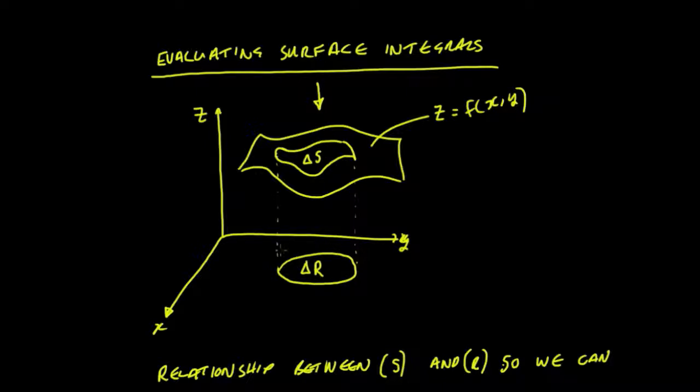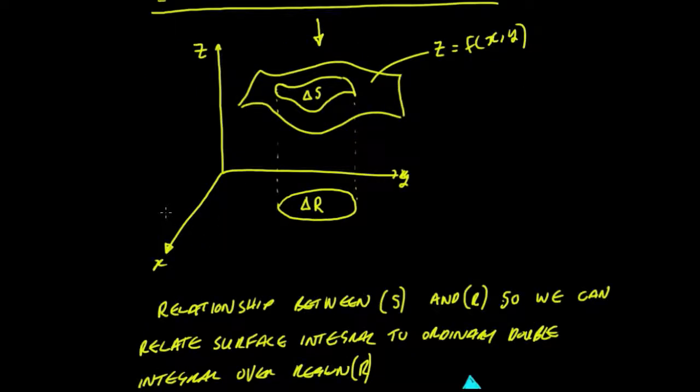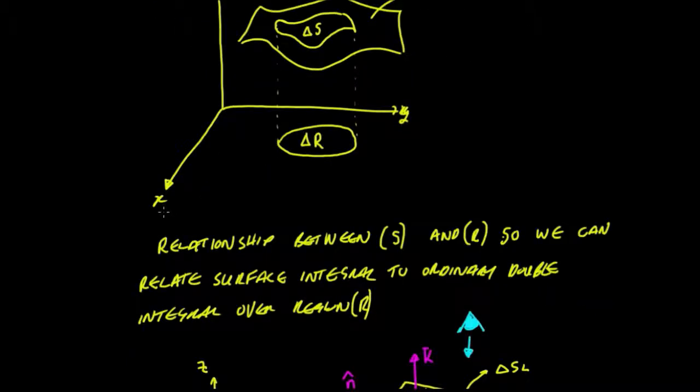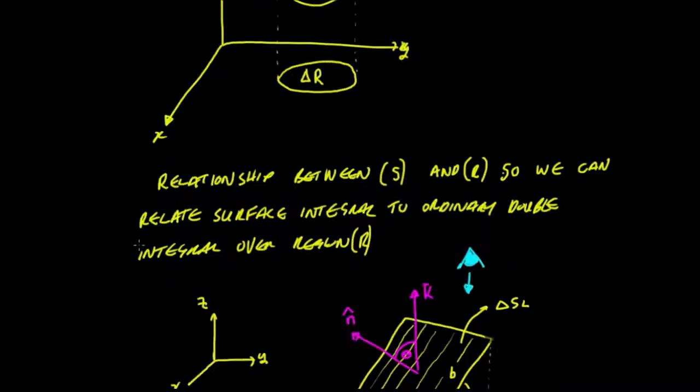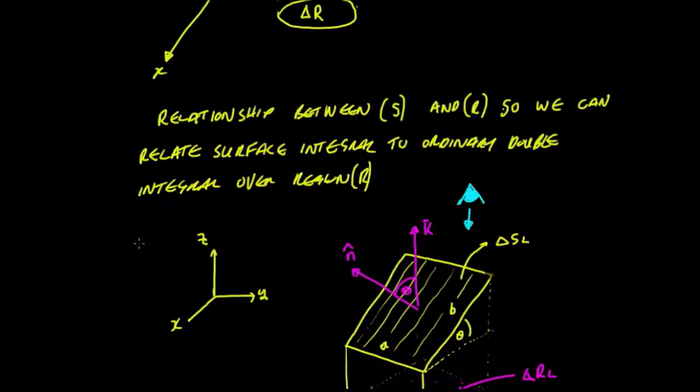That area would be different from the actual surface area, because whenever you come down onto the surface of the planet and you are walking about in the UK, you'll notice that it's hilly, and the mountains will create an extra area, which would be our delta s. So let's look at how we can work out the relationship between our delta s and our delta r.